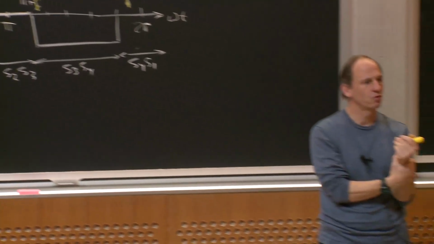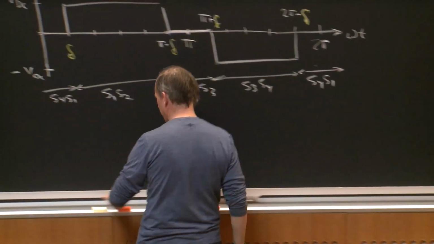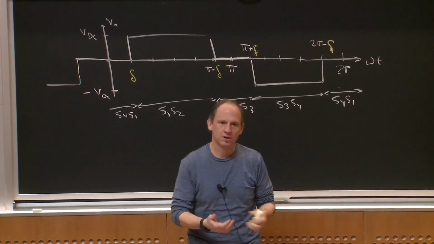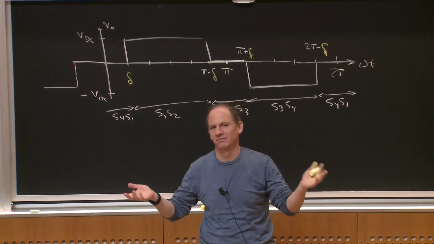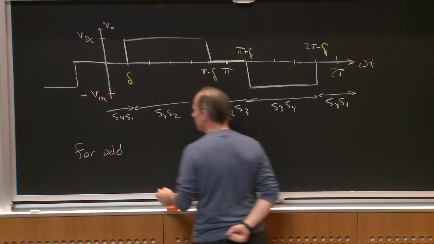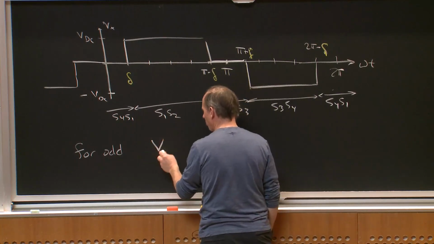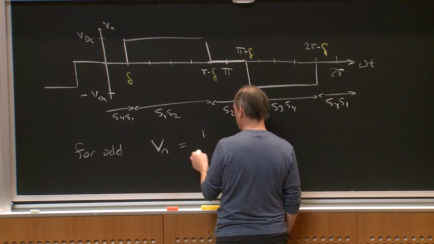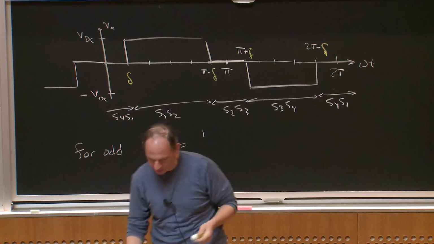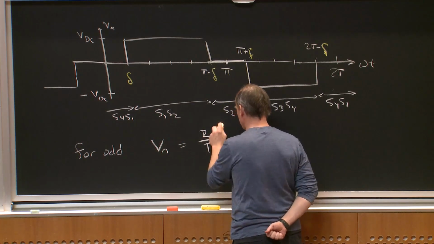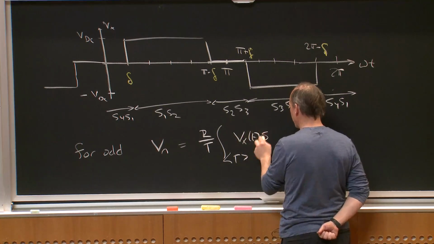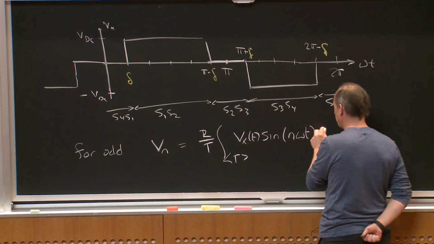The other thing we said we could do is control the harmonics. For an odd waveform, and I'm only picking it to be odd just because it makes the Fourier series description simpler, the nth harmonic component is simply equal to 2 over T, integral over the period of Vx of t sine of n omega t dt.